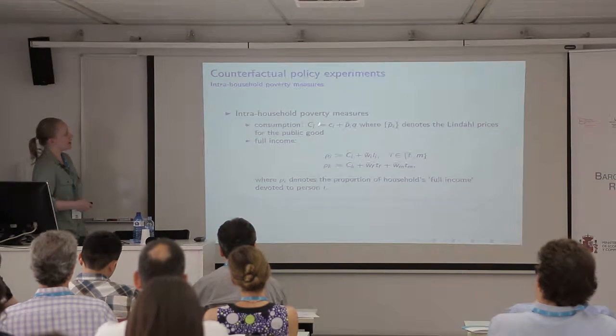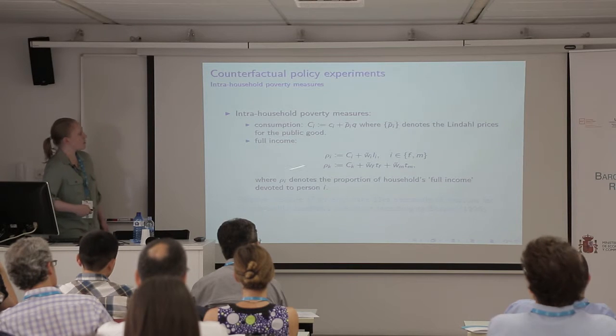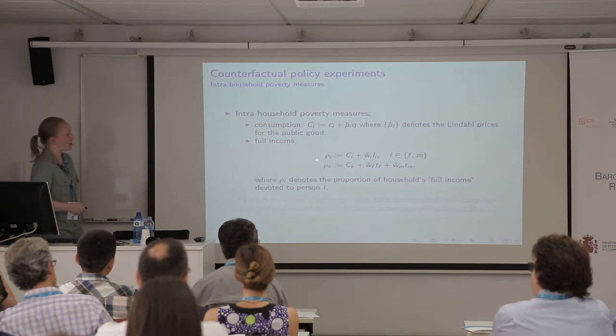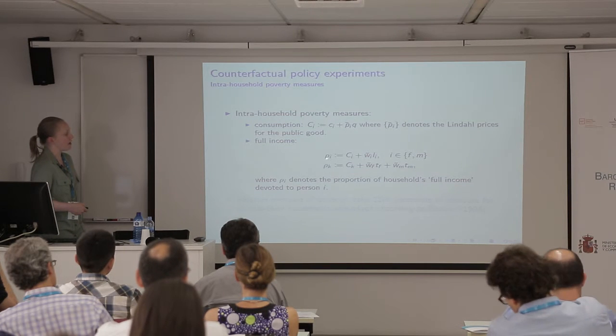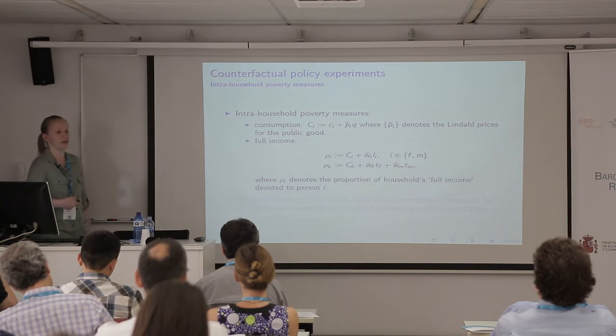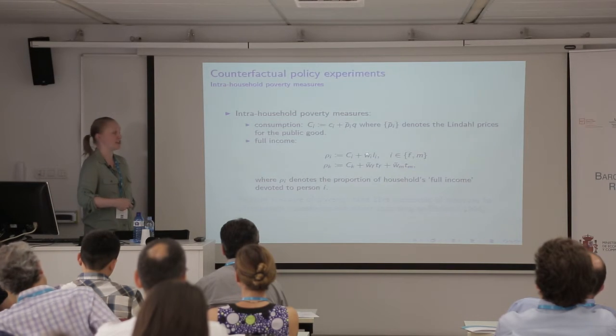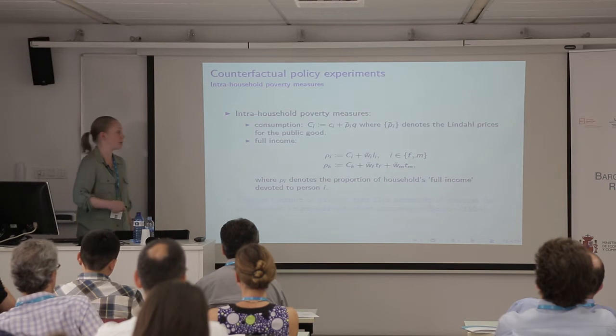So if we define total consumption for each member of the household as simply this here, which is just their private consumption plus the Lindahl price multiplied by the public good, then full income for the mother and father is simply this consumption good plus their leisure time. This is actually the decentralized price of parents' time, not the actual wage.